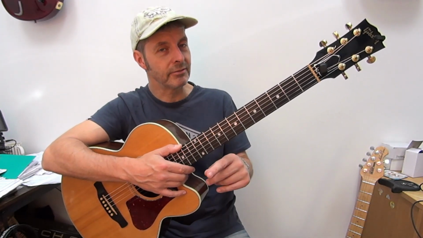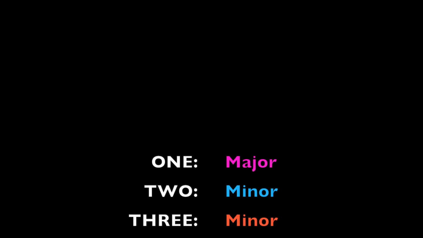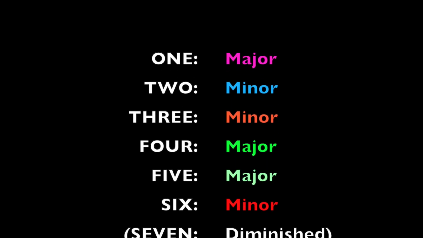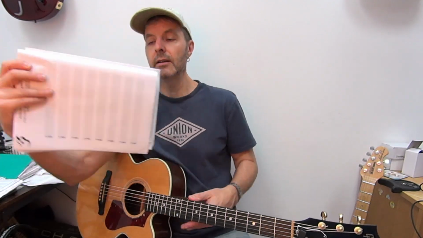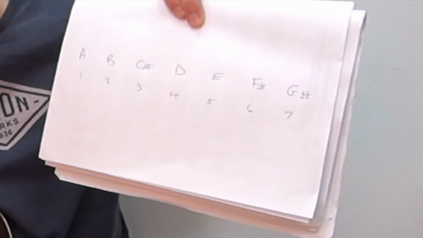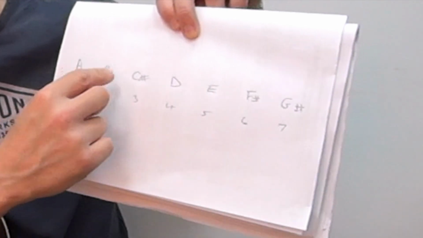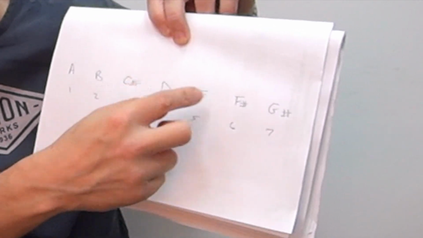So that's number 7. Number 2 we said was minor, number 1 was major. Number 3 is minor, 4 is major, 5 is major, 6 is minor. So if I apply that to my notes, I've got A, B, C sharp, D, E, F sharp, G sharp.